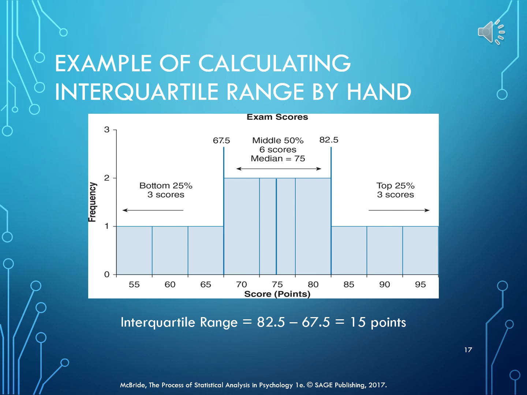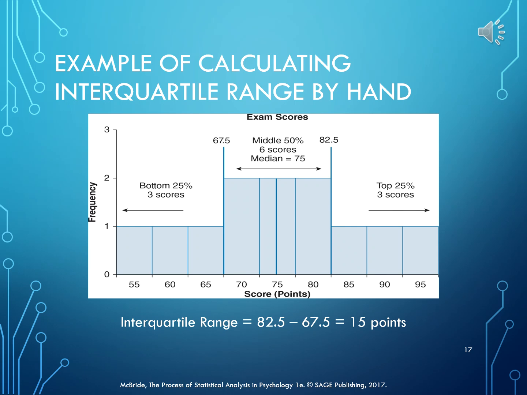If we use this boxy example of a distribution, in the middle the median is 75, and let's say these are scores on an exam or something. So the median score is 75, and what we want to know is the interquartile range.